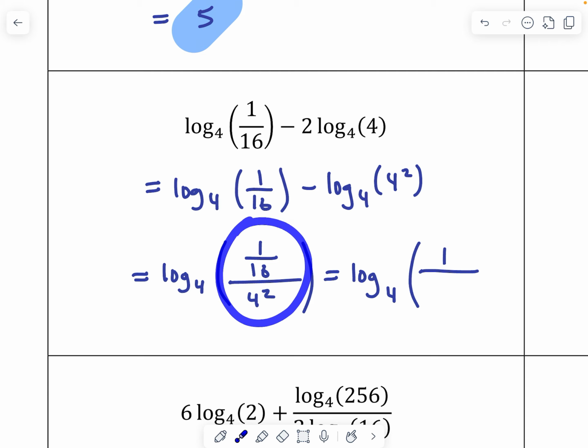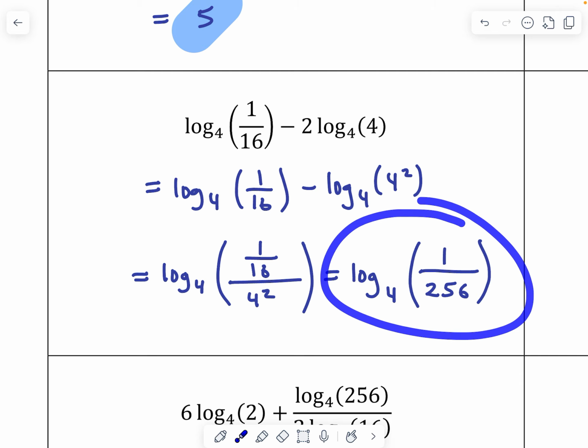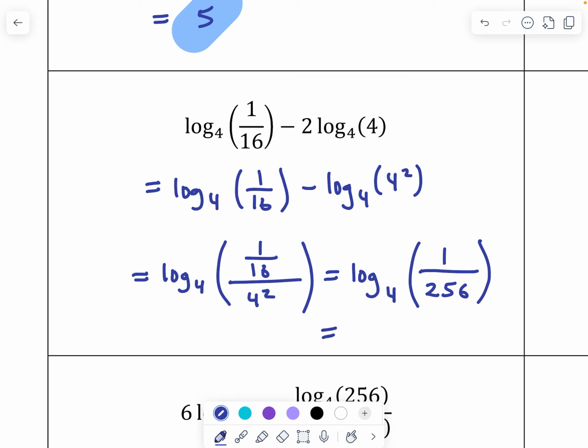Why I just paused is I was evaluating that in my head, right? 4 squared is 16, and then 1/16 divided by 16 is going to give us 1/256. Okay, all right. So now, what is log base 4 of 1/256? That is going to be -4. That's because 4 to the -4th power is 1/256, right? That's why the answer is -4.